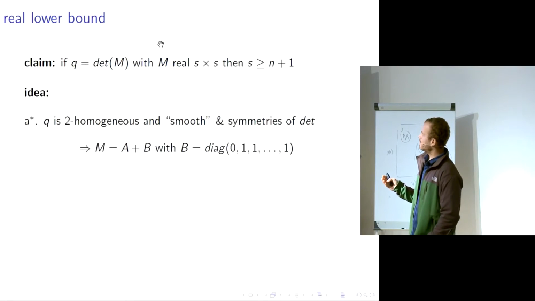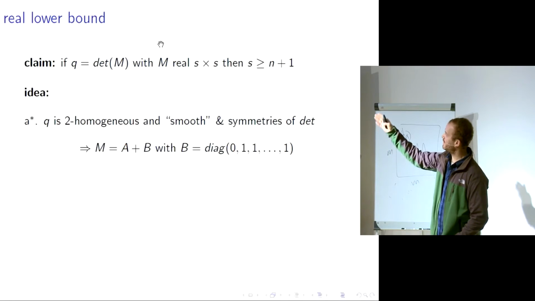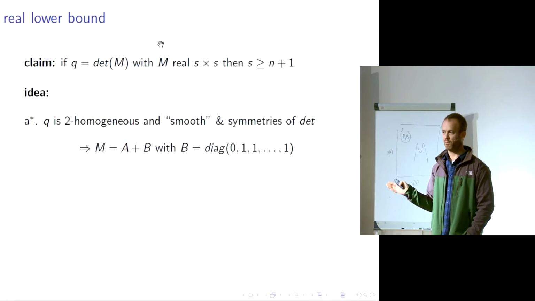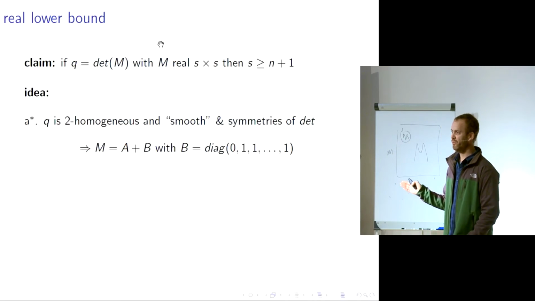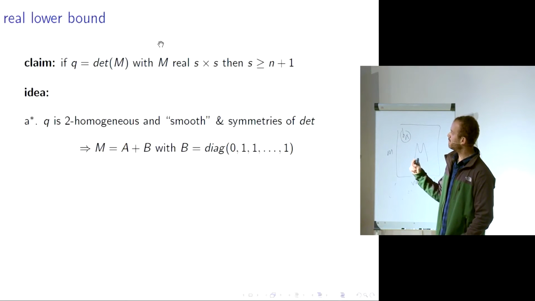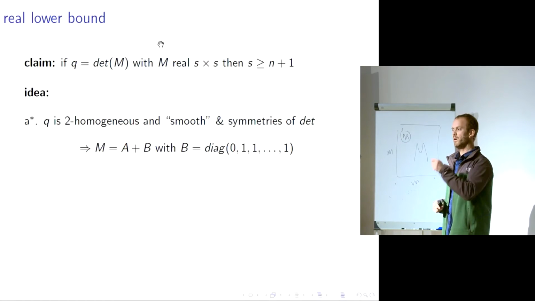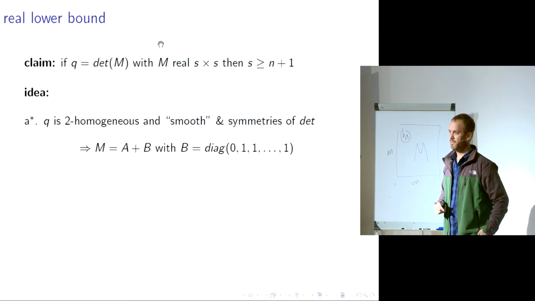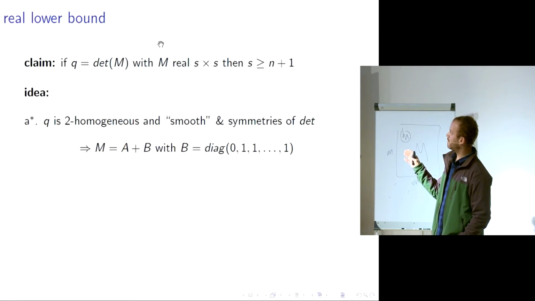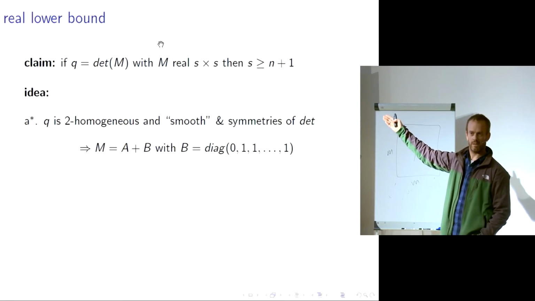The first idea is to say that this M has a special form. What is this special form? You can write M as A plus B, where B is a diagonal matrix with 0 and then 1, 1, 1, 1, 1 on the diagonal. This property follows from derivatives of Q and the symmetries of the determinant.